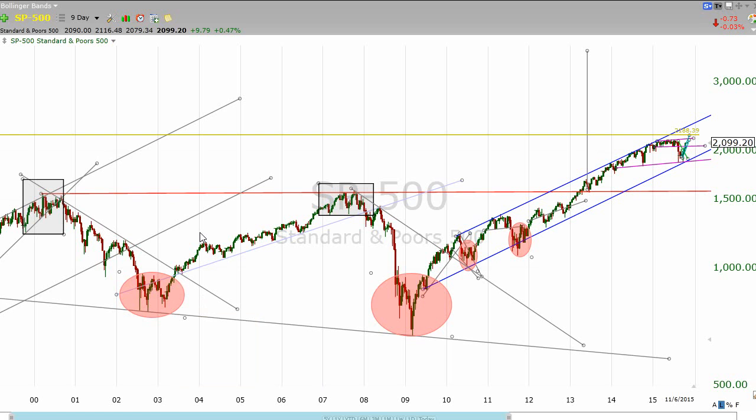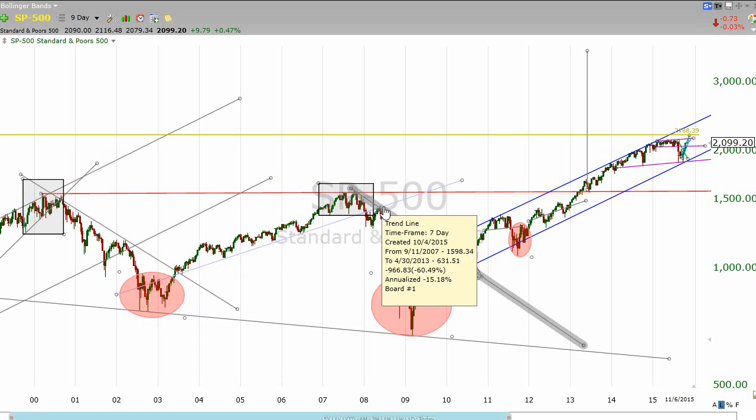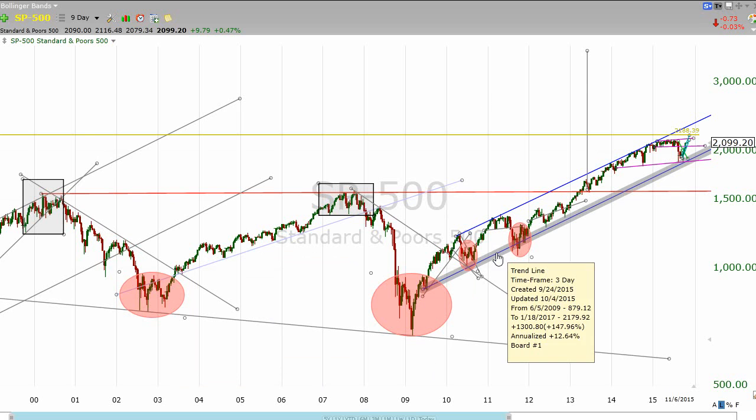Once you broke out over that, once you got over this line, that was when your reliable rising support line really started to make sense. So I'm sort of doing the same thing here.